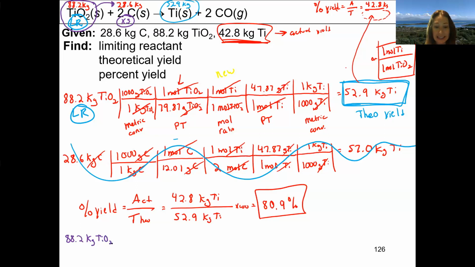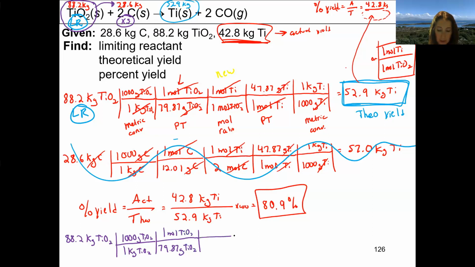I'm just going to react my TiO2 with carbon on paper. This first part's exactly the same: 1 kilogram TiO2, and 1,000 grams of TiO2, and then 79.87 grams of TiO2 in 1 mole of TiO2.